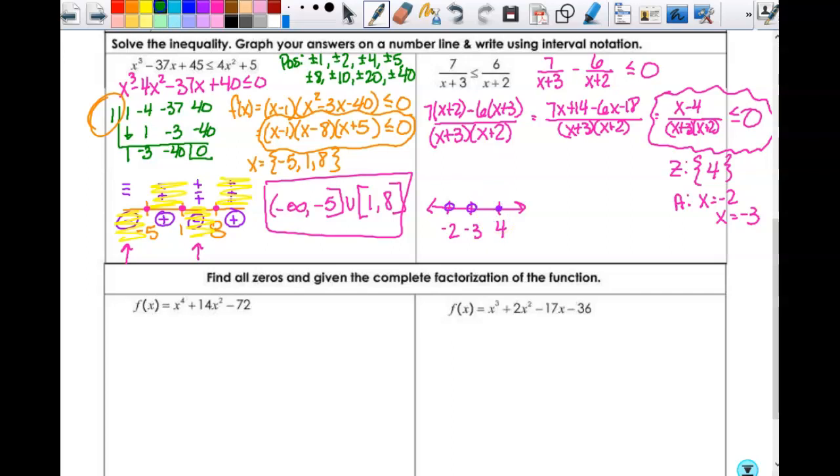So then I test it. Oh, I put these in the wrong order. This should be negative 3. That should be negative 2. That would make more sense. All right, so I'm going to substitute in a negative 4. Negative 4 in the numerator will give me a negative, and then negative, negative, so it's negative overall.